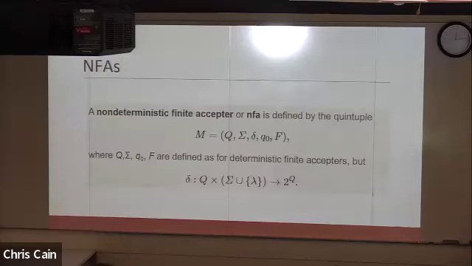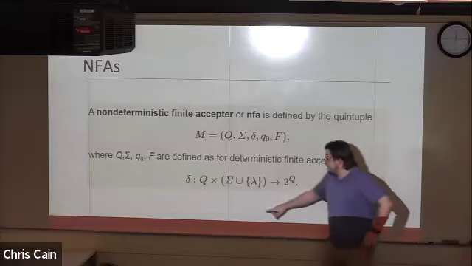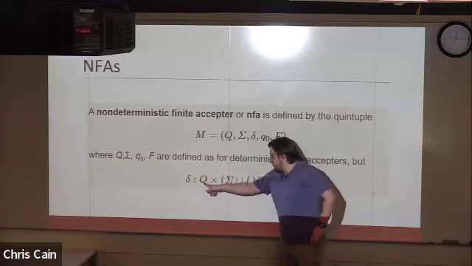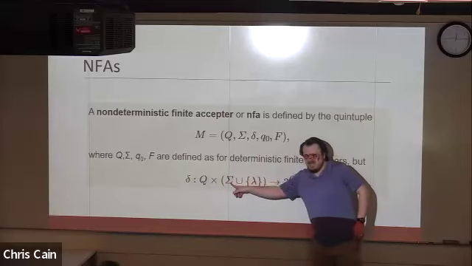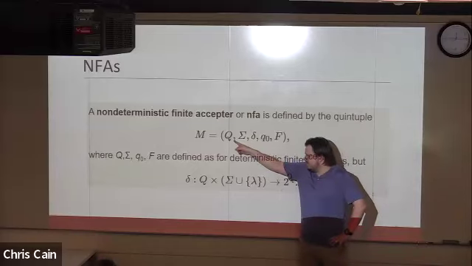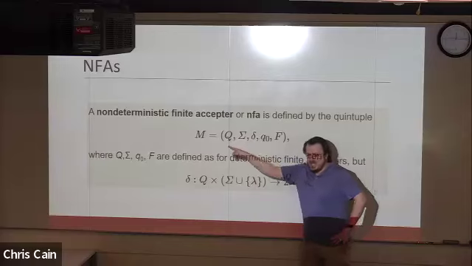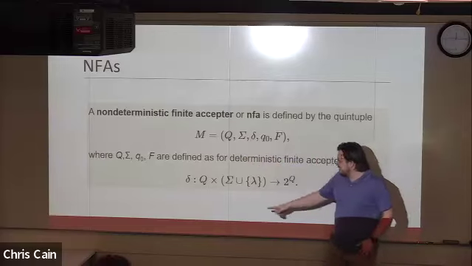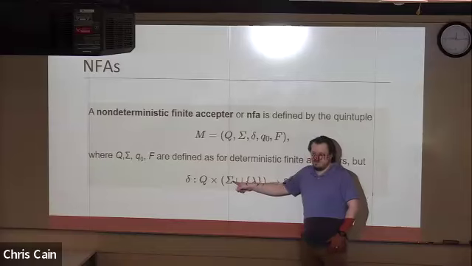So as we did before, we're going to give you the technical definition of an NFA, and then we're going to move into actually what these things are. So the only change between a DFA and an NFA is in the transition function delta. Before we said that this delta was just Q cross sigma, meaning that for every state in the state machine, we had a number of transitions defined by each character that was in the alphabet.